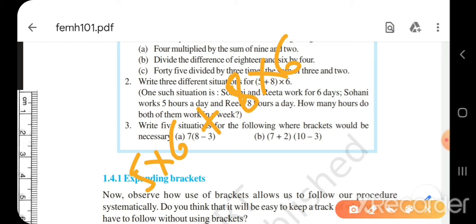In another case, we will first of all add 8 plus 5, which means 13, into 6. In both the cases we will get the same answer.